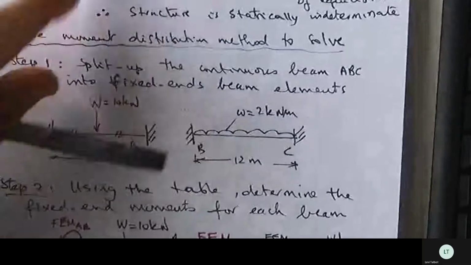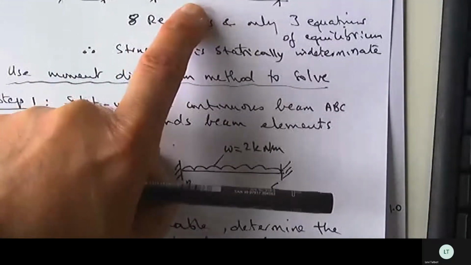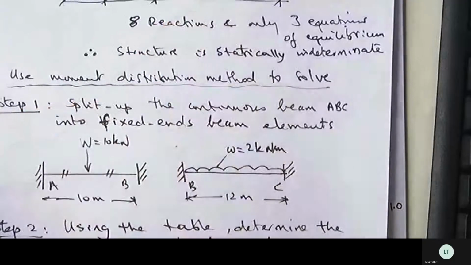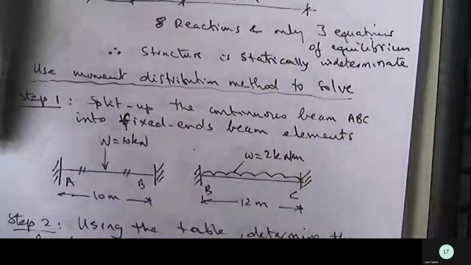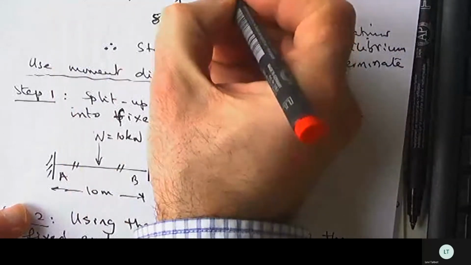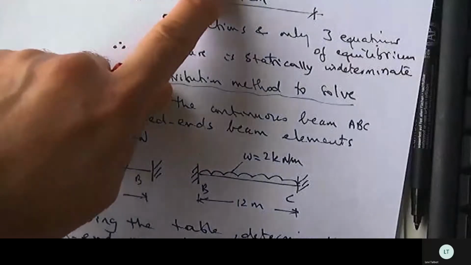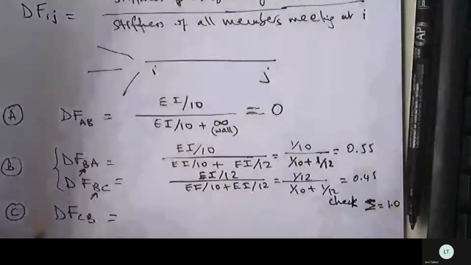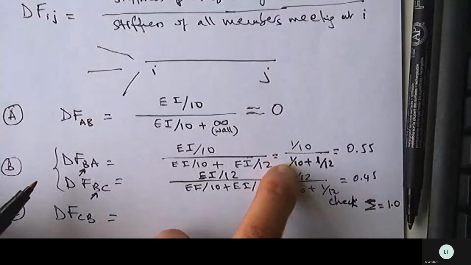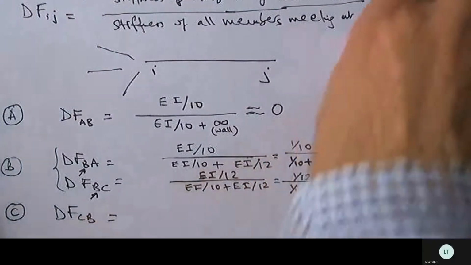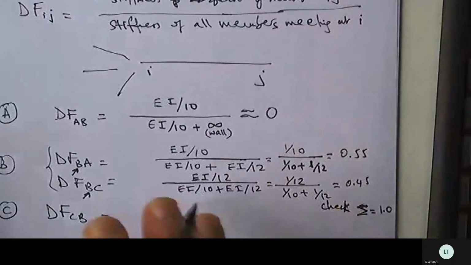You can always do 1 over 10 and 1 over 12. It's like having 1 here and 1 there. Is that clear? Because the EI will just cancel all the time, always.